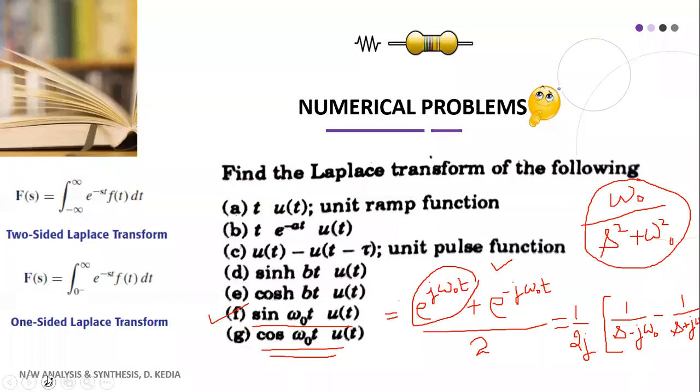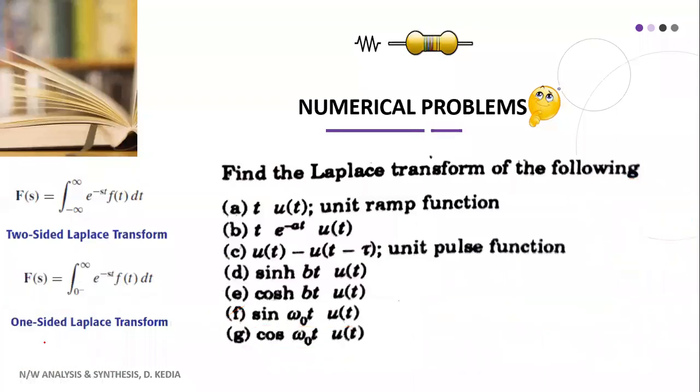Okay, and if we modify this for cosine, what we have done for this, you will get the answer as, instead of omega naught, you will have s. So it will be s upon s square plus omega naught square.